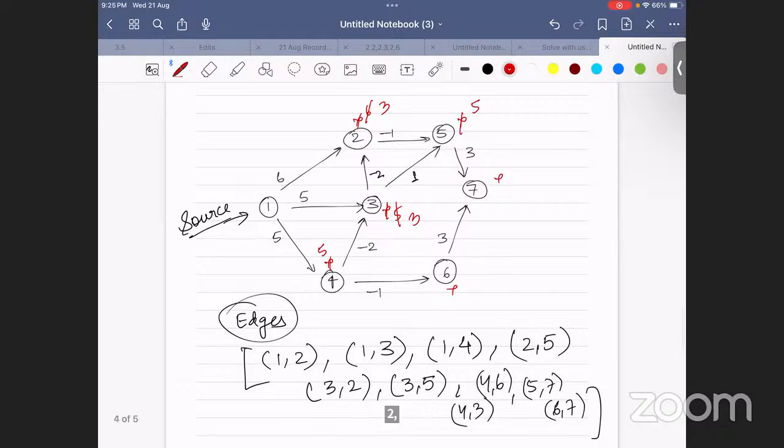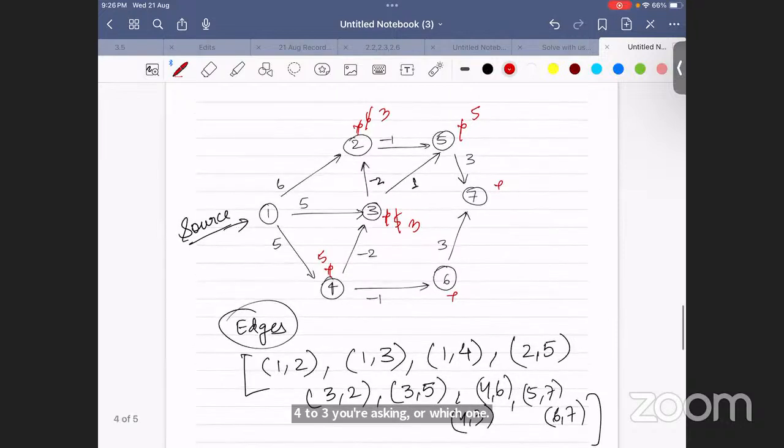No, 2 to 5 is 3 minus 1 is 2, right? No, it was 6 minus 1, then it got changed. So after 2, 5, we came to 3, 2, right?